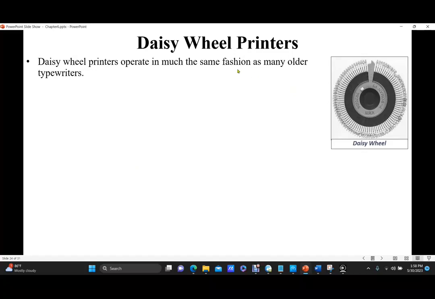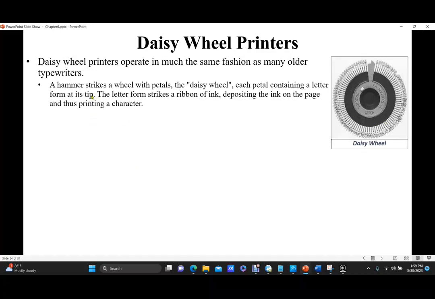Daisy wheel printers operate pretty much the same way as older typewriters. A hammer strikes a wheel with petals, the daisy wheel. Each petal contains a letter at its tip.